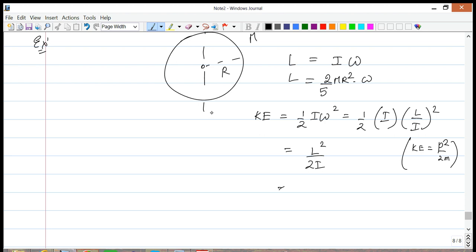And once you know L, you can just plug it into this equation and find the kinetic energy for this object. So it will be 2/5 mr square omega, the whole square, divided by 2I.